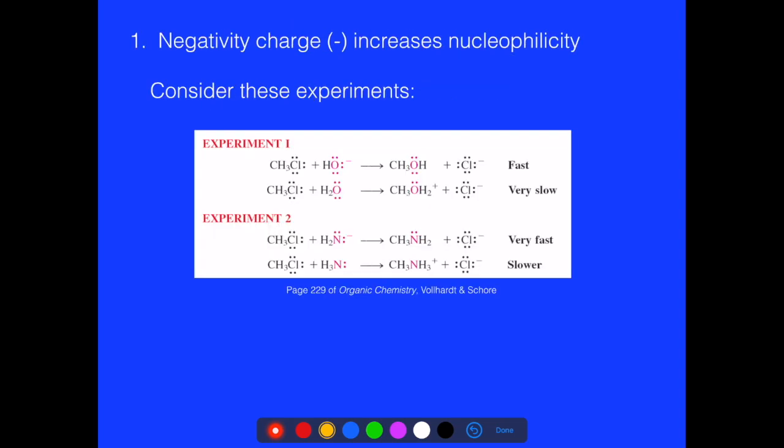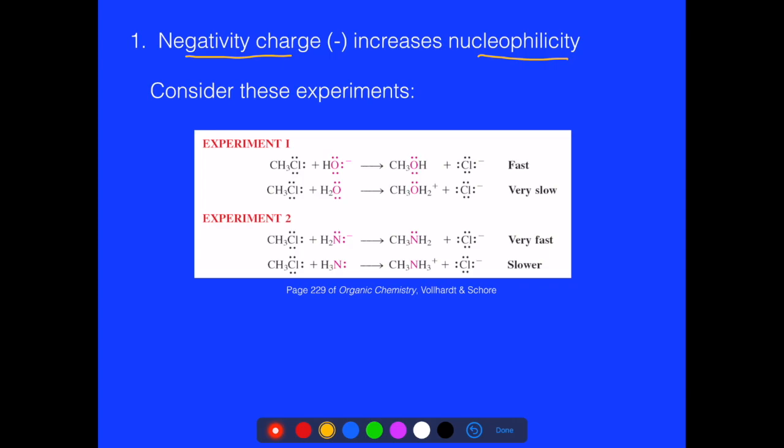Let's look at a couple of experiments to help us understand how important charge is for nucleophilicity. In science, we often look at experiments to figure things out and to look at overall data. We've done this in lab with SN1 and SN2. Let's compare a couple of experiments.